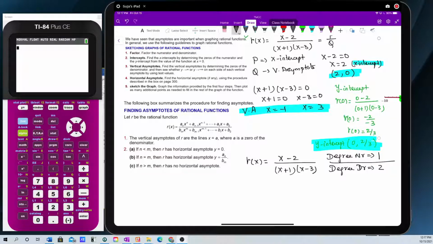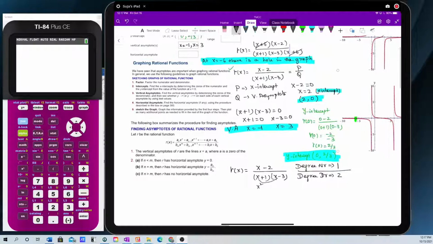If I go x times x, the first term will be x squared, so the degree is 2. Since my numerator degree is less than the denominator degree, where n is less than m, the graph has a horizontal asymptote, and the horizontal asymptote is y equals 0.